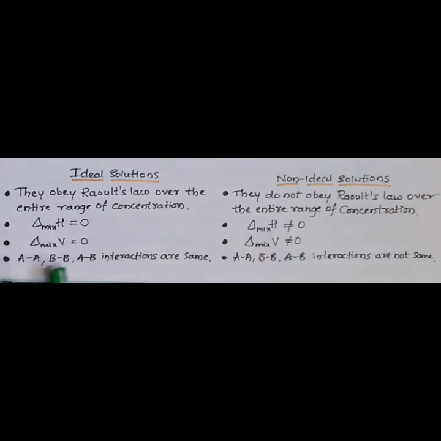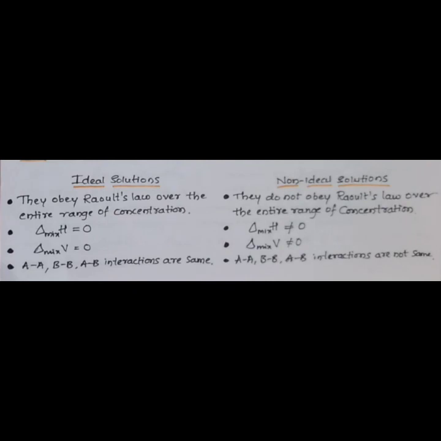And AA, BB, AB interactions are the same in ideal solutions, and in non-ideal solutions, AA, BB, AB interactions are not the same. These are certain differences which we can observe between ideal and non-ideal solutions.